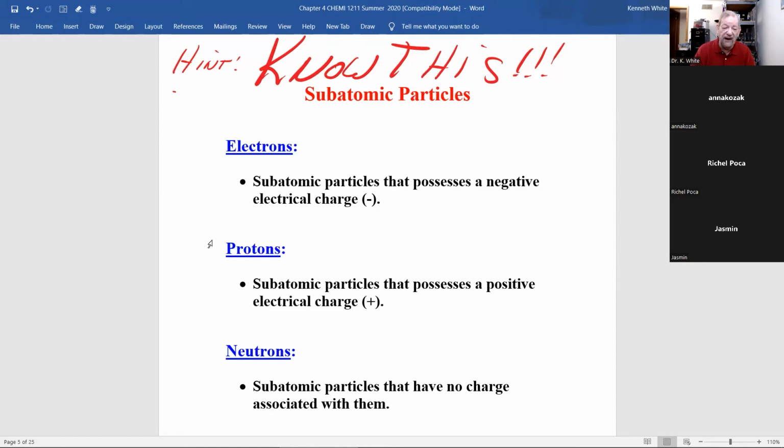Gold has a different amount of electrons, protons, neutrons than platinum, or than carbon, or than calcium. They're all made up, though, the atoms of electrons, protons, and neutrons. And you should know this.